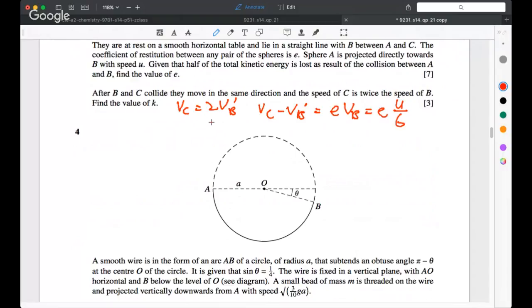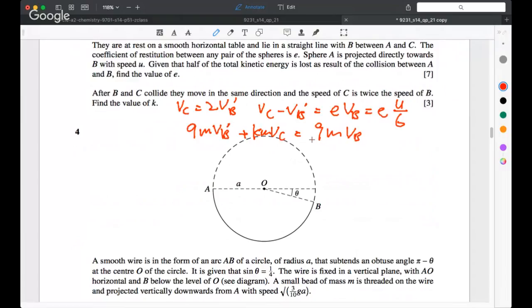Okay, and now we can find another simultaneous equation where 9mVb dash plus kmVc is equal to 9mVb. This is again the conservation of momentum.